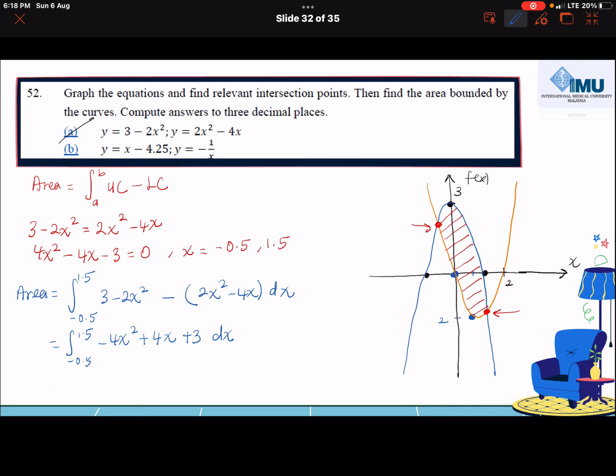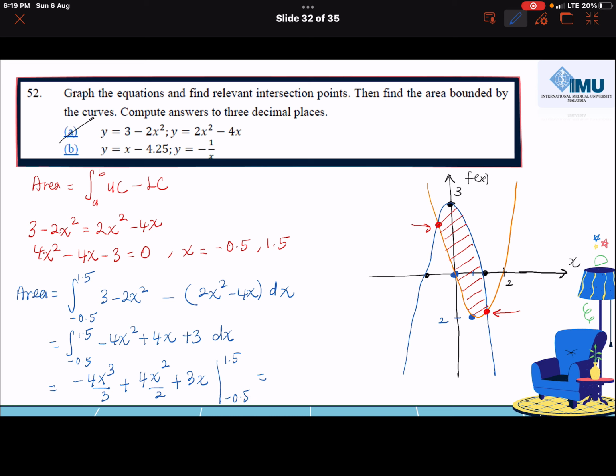Now it's already simplified. Integrate one by one, you get negative 4x cubed over 3 plus 4x squared over 2 plus 3x. Don't forget to put in the limit from negative 0.5 to 1.5. Please evaluate accordingly. Substitute the upper limit first and minus the substitution of the lower limit.